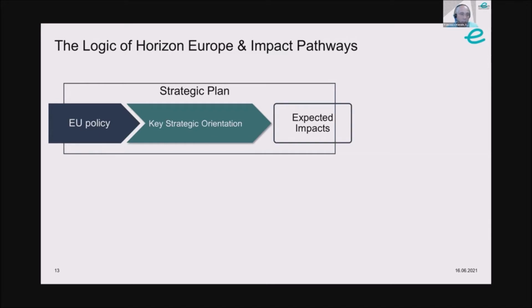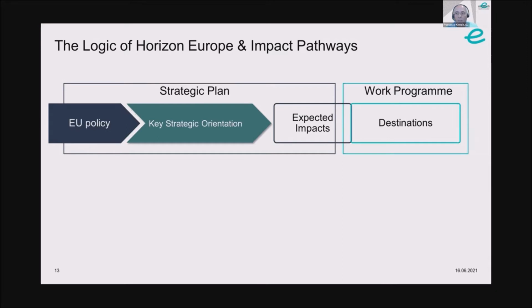These then translate into expected impact in the strategic plan. These expected impacts flow into one important document, which is called the work program, which has been published yesterday, in particular at the destination level. So at the destination level, you have expected impact.